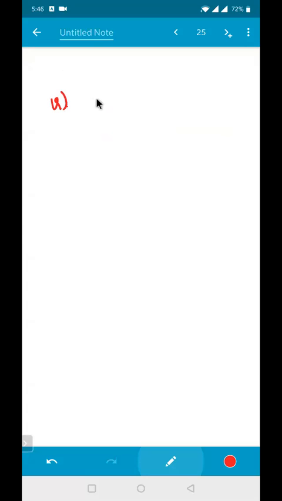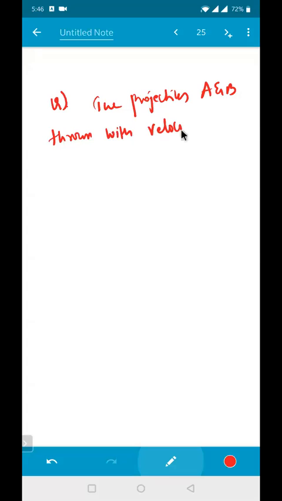See this question better, if you can do the projectile conditions right now. Two projectiles A and B are thrown with velocities v and v by 2 and have the same range.